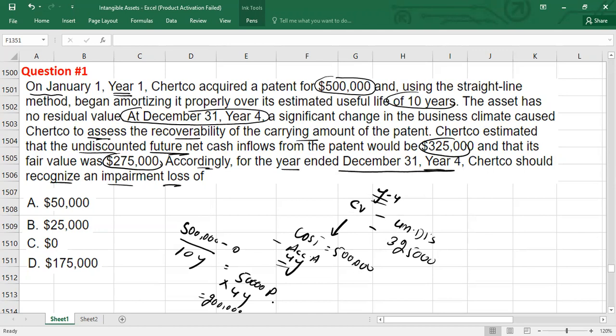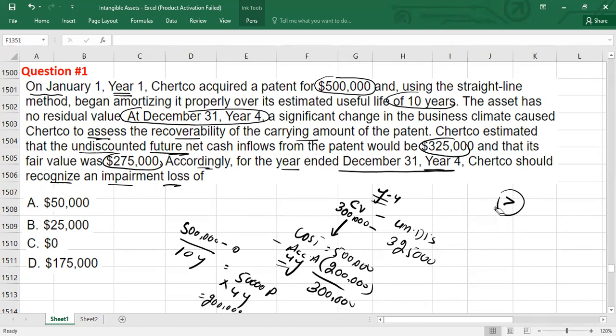Check the calculation accuracy, please. So here it means my accumulated amortization is $200,000. It means my carrying value is $300,000. So I will place here 300,000, which is the carrying value. And see, carrying value is less than undiscounted cash flows.